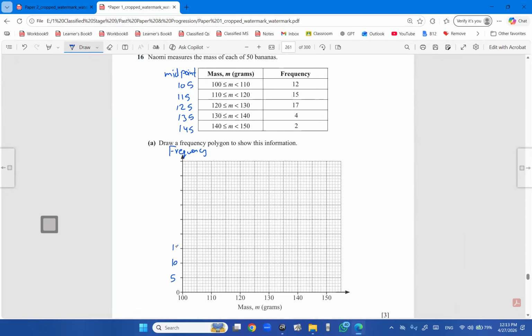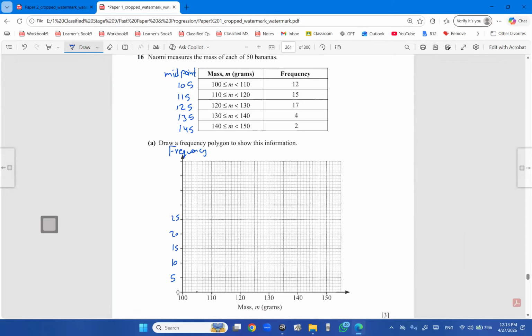10, 15, 20, 25, that is enough, mister. We need only maximum until 17. So why did we choose in fives? Because actually each small square inside is 1, 2, 3, 4, then the 5. So some of you might choose the 5 to be here, accepted. So now they're saying 105 until 12.